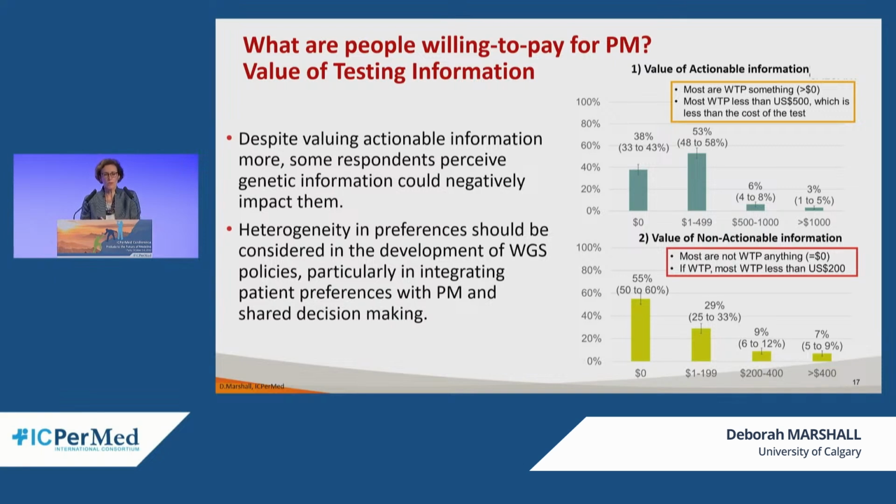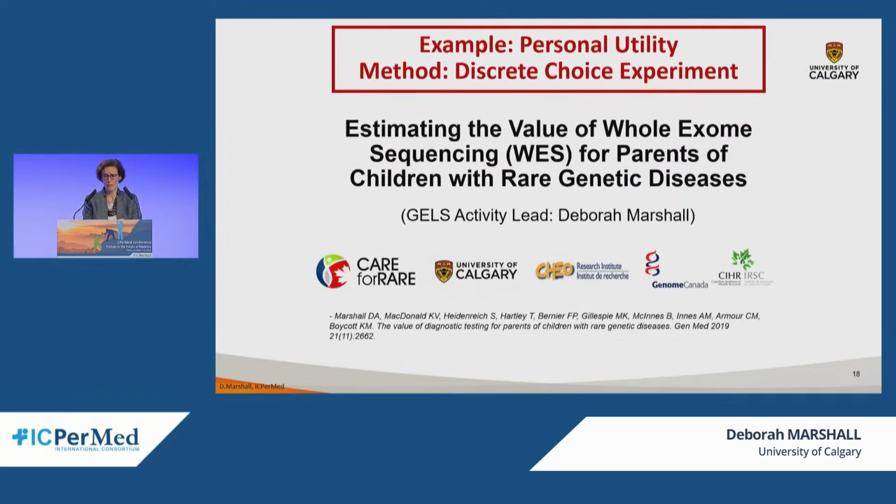So you see that they are willing to pay nothing, or in some instances negatively pay. And what we observe is that there's heterogeneity in preferences. I would suggest that there are sometimes positive values for some people and sometimes negative values, or negative utility, for people. We should be thinking about this when we're making choices around what we're reporting in our whole genome sequence test reports, because they value testing differently.